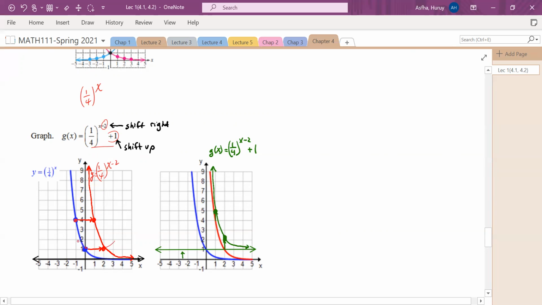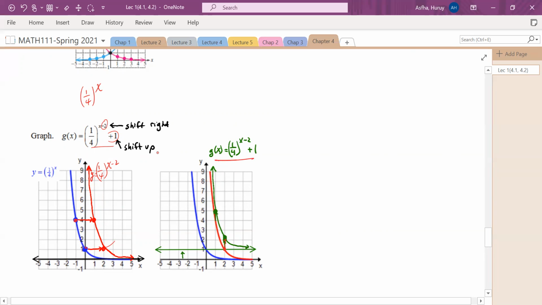We add 1 to the red line, and adding 1 shifts this graph up by 1 unit. So take one arbitrary point. This will go up here, and then we have this green line, which is the graph of this function.